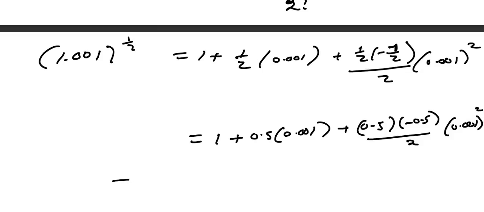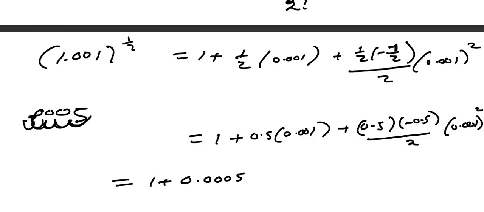We're saying this is 1 plus, multiply 5 by 1. 5 by 1 is 5. Then the decimal places: here there's 1, here there are 3. So we're going to move back 4 places. 1, 2, 3, 4. So we get 0.0005.